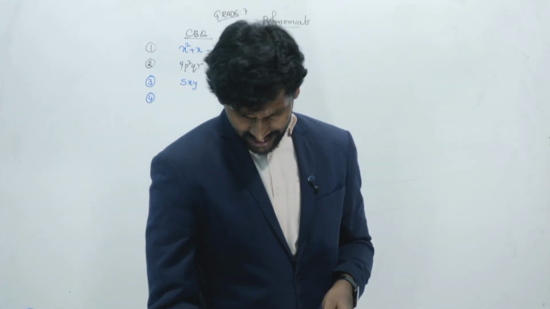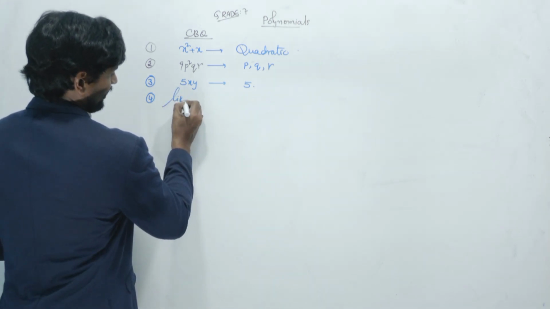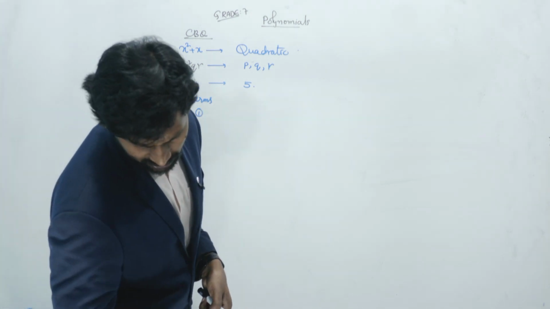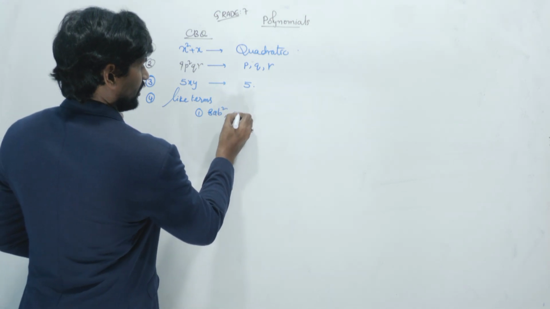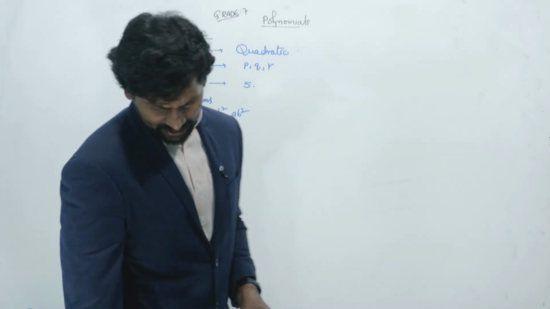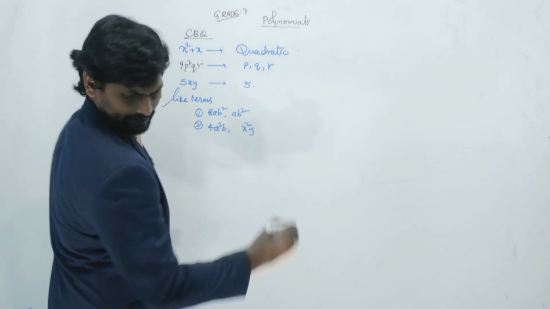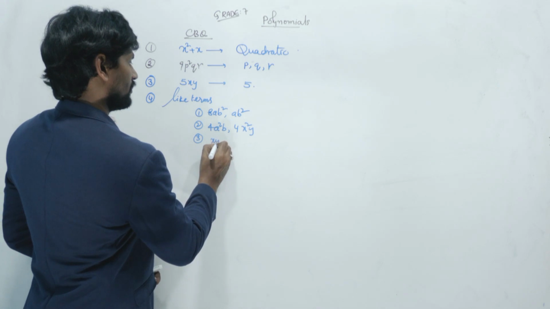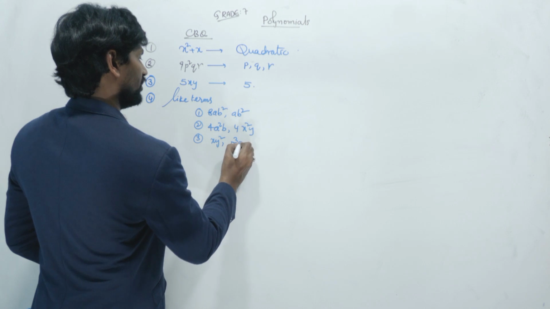For example here, let us go through the options. To find the like terms, we need to check each and every option. The first option is 8a square, 8ab square, ab square. Now second option is 4a square b, x square y. Third option xy square, p cube q.